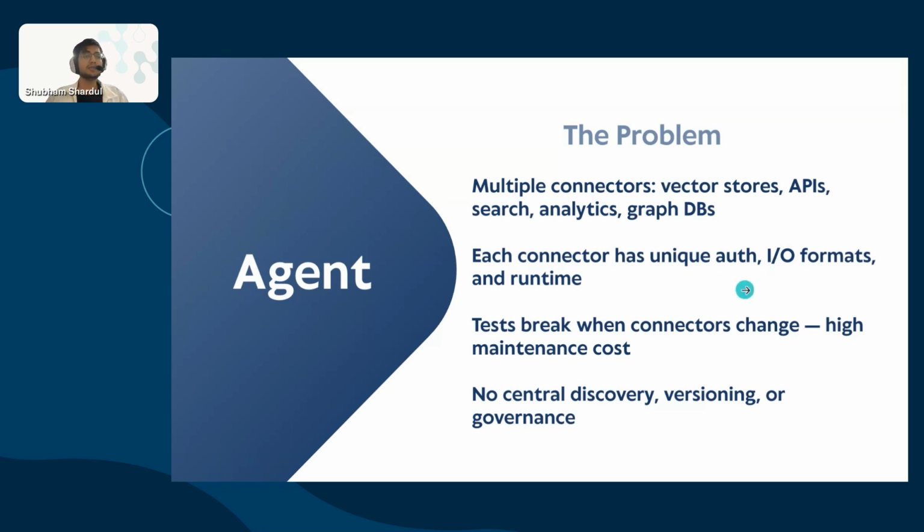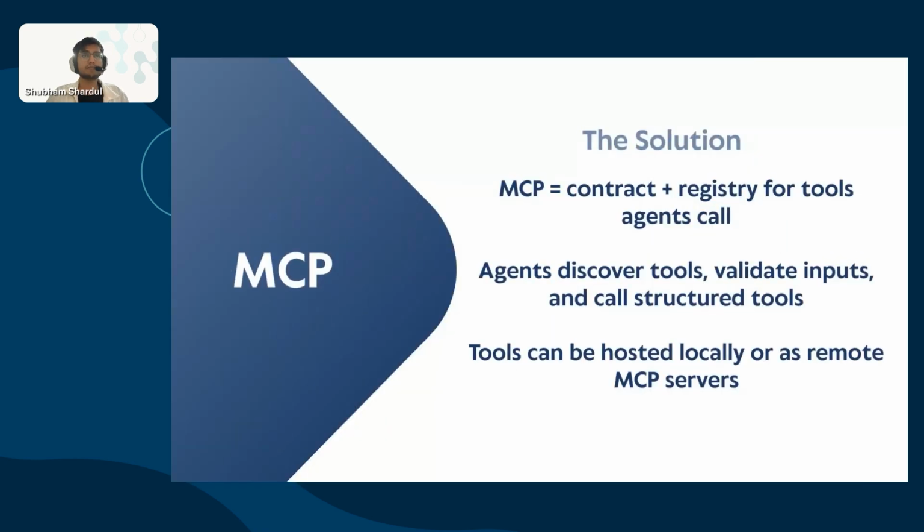So what can be the solution to this? The solution is that we can treat tools as first-class citizens, as schema-driven services, and here comes MCP. You might have heard of MCP before. Have you heard of MCP before?